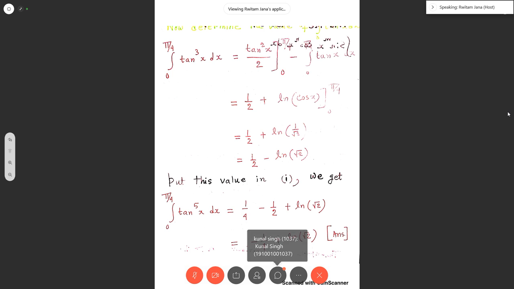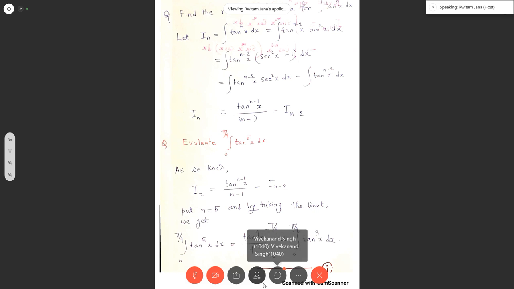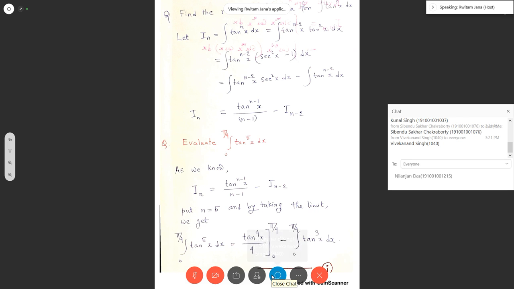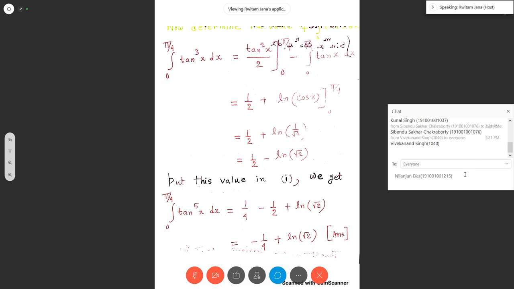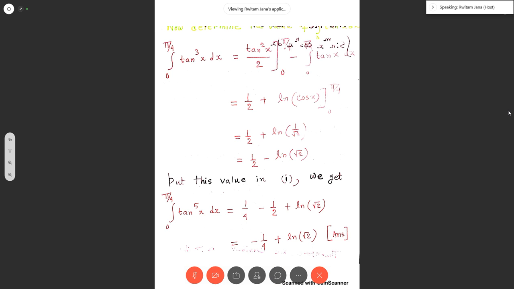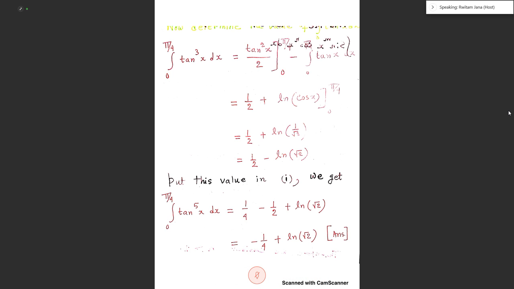So ultimately, it will give you half minus ln root 2, and put the value of the integral from 0 to pi by 4 of tan cube x dx in equation number 1. This is equation number 1, and if you put all these values together, you will find the value of the integral from 0 to pi by 4 of tan^5 x dx is minus 1 by 4 plus ln of root 2.